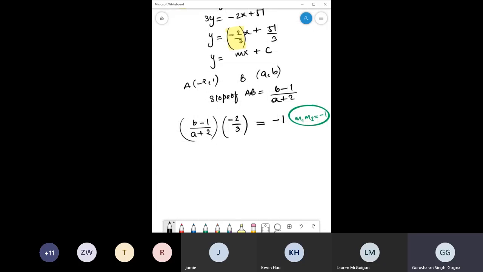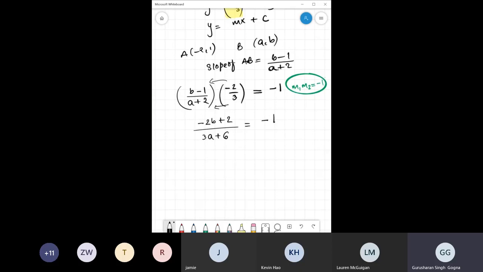So let us simplify this. So how to multiply two fractions, top with top, bottom with bottom first. So minus 2b plus 2 over 3a plus 6 equals to minus 1. And then you need to multiply on this side. So minus 2b plus 2 equals to, you need to multiply by minus sign, so minus 3a minus 6.